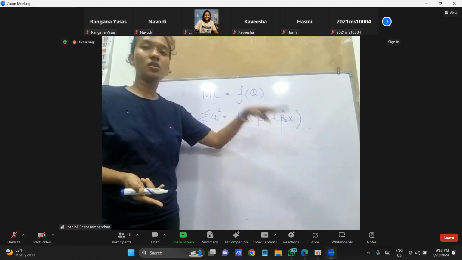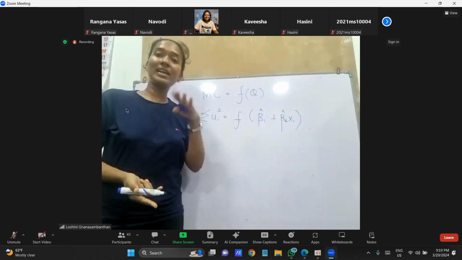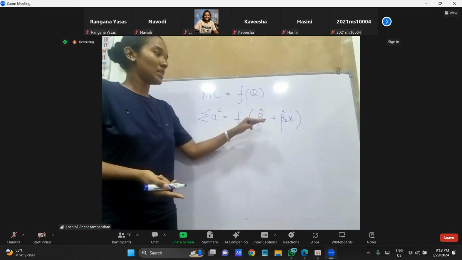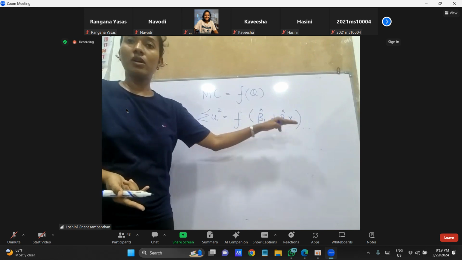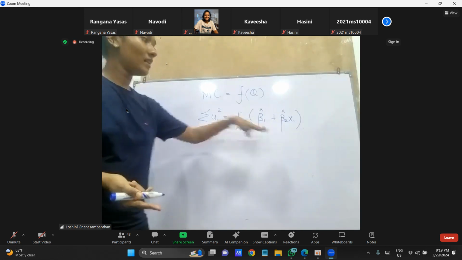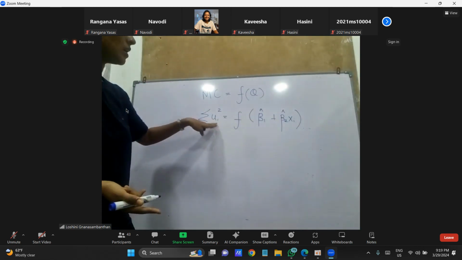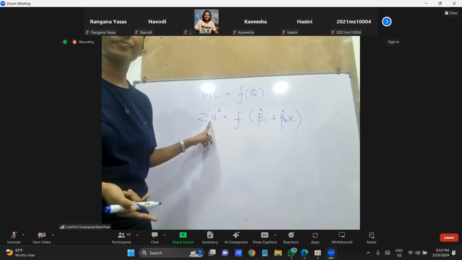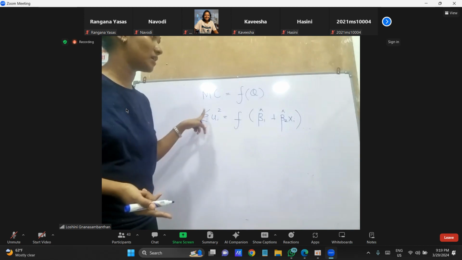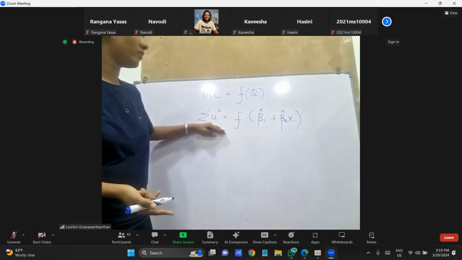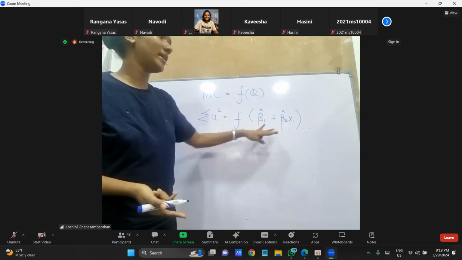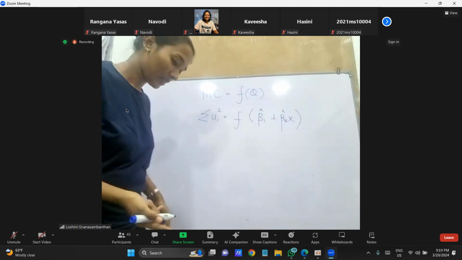If our estimate of beta 1 and beta 2 is not very accurate, that starts from the data collection. If you're not collecting accurate data, then beta 1 and beta 2 are of course not very representative, and your sigma ui square will be very high. So the level of the error depends on the accuracy of beta 1 and beta 2.